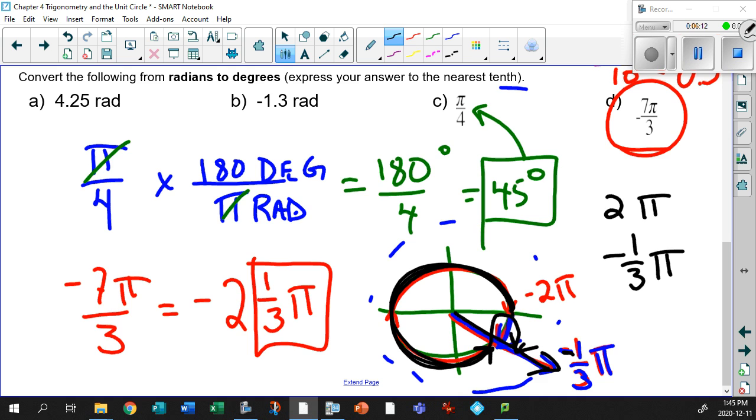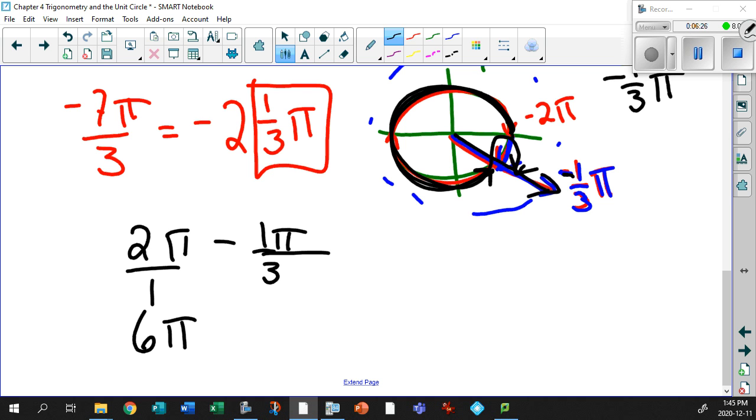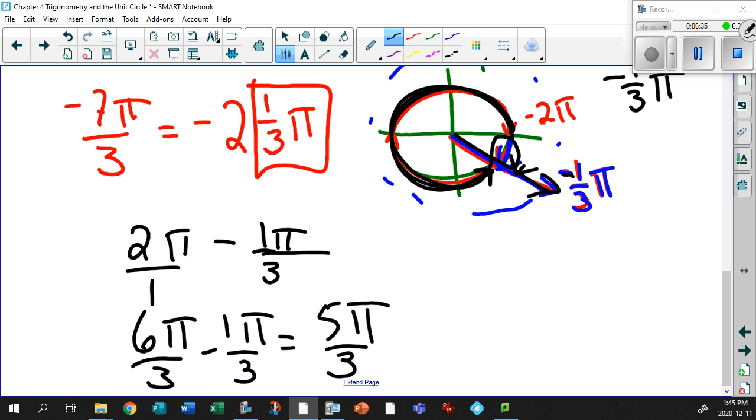Okay, so enough is enough. 2 pi minus 1/3 pi can be written in terms of a fraction. It's 2 over 1, that's 6 pi over 3, minus 1 pi over 3 works out to be 5 pi over 3. Oh my goodness, rocket science, that's what that one is, isn't it?